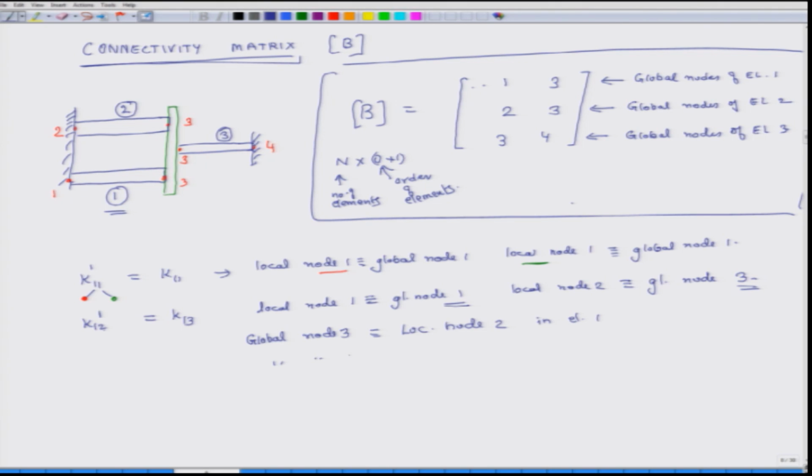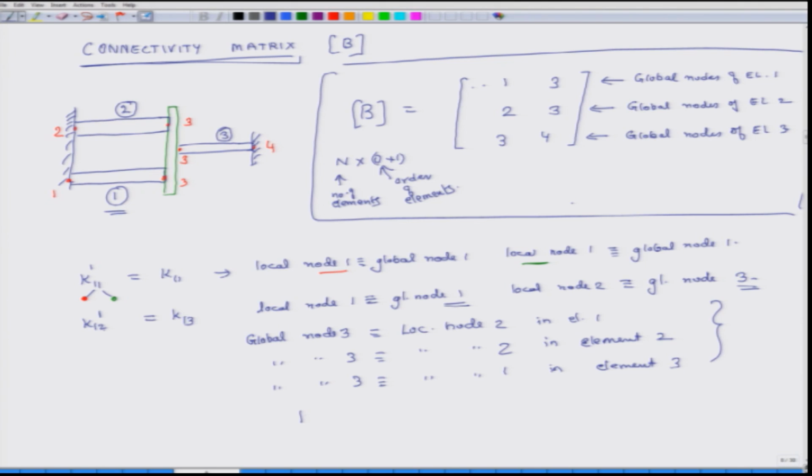Again, global node 3 corresponds to local node 2 in element 2, and global node 3 corresponds to local node 1 in element 3.